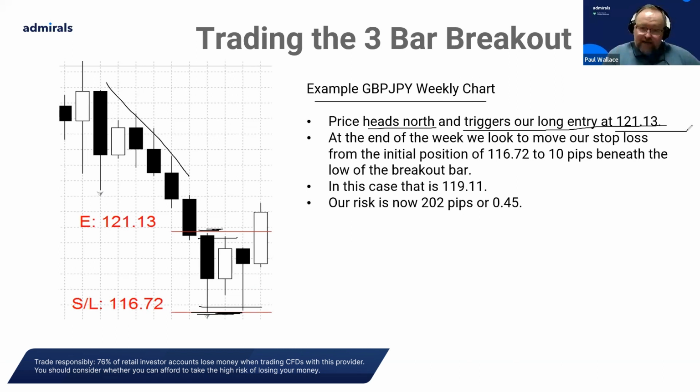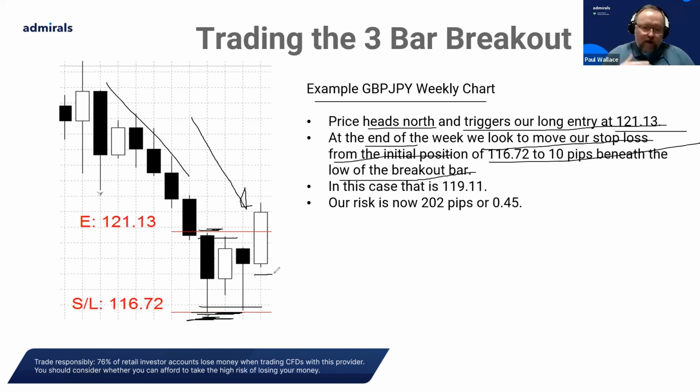Because we're trading this on a weekly chart, at the end of the week, we look to move our stop loss from the initial position, 116.72, to 10 pips beneath the low of the breakout bar. This is the bar that's breaking us out of that range.